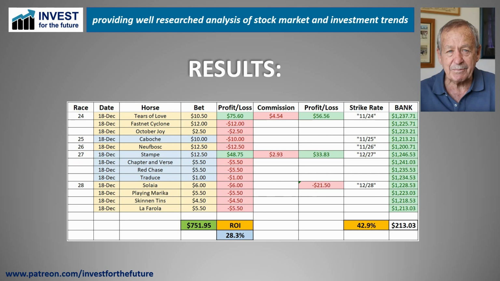We've invested a total of $552 on value horses, found a winner 43% of the time, in other words 43% of the races we found a winner in, and we've got a profit of $213 for return on investment of 28%. So things are going along okay at the moment for the Wagon Wheel.